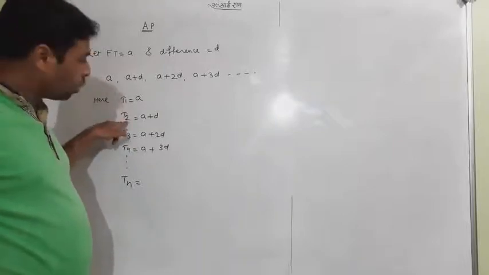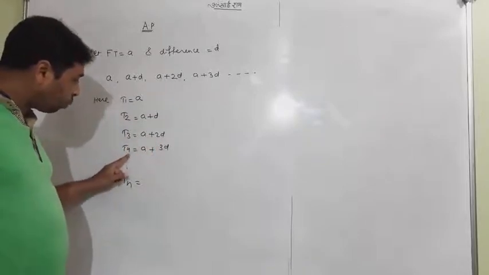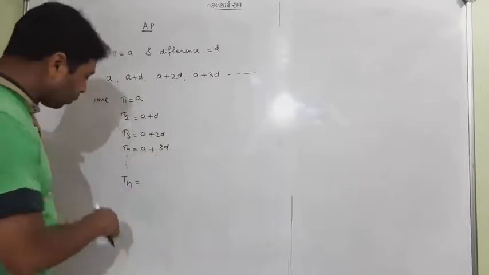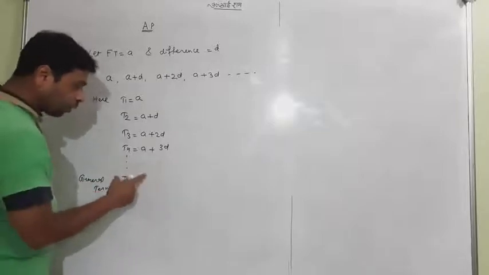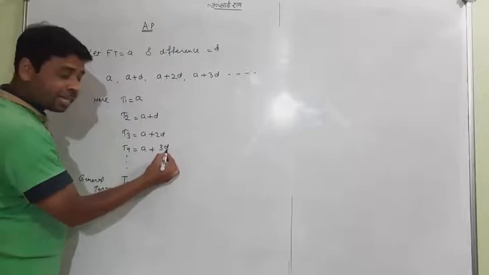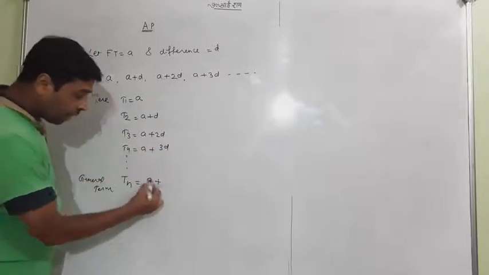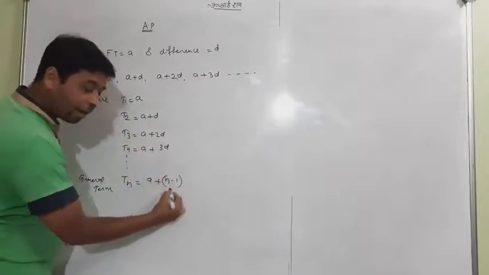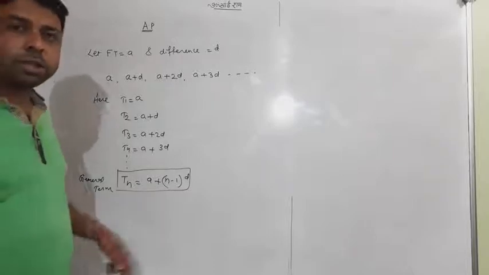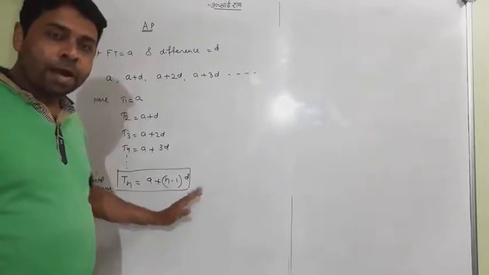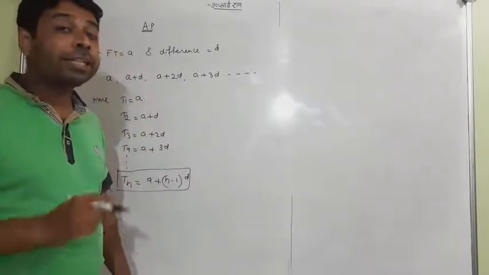In T2, D has a coefficient 1, in T3, D has a coefficient 2, and in T4, D has a coefficient 3, meaning 1 less than the term number. So the general term, also called the nth term, will be A plus D with a coefficient 1 less than n, that is n minus 1, times D. So A plus (n minus 1) into D is the nth term of any AP, and this is a very important formula for finding any term of an AP at any instant.